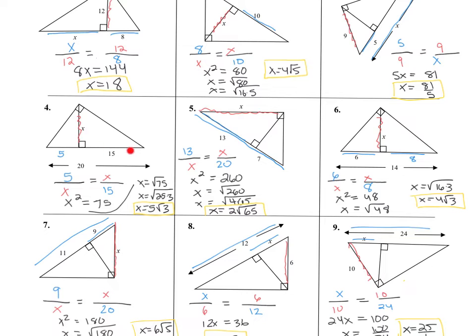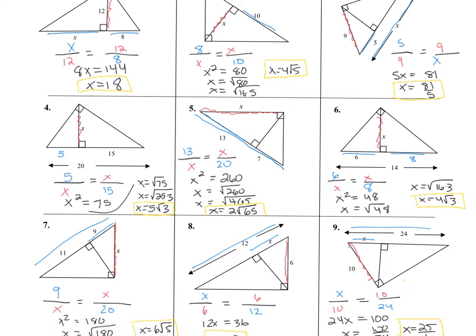I was given that this was 15 and this was 20, so I can figure out that that is 5, and so then I use the 5 and the 15. And I cross multiply. When I need to square root here, I end up having the square root of 75, which is 25 times 3, which gives me that x is equal to 5 times the square root of 3.